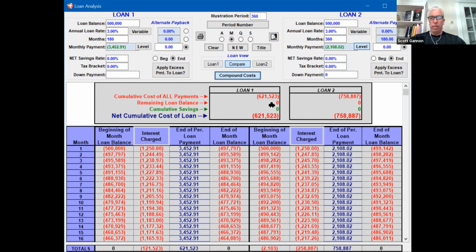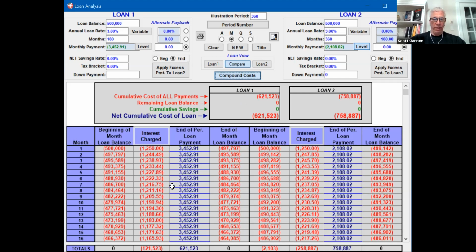So the difference here is $121,000 of interest versus almost $259,000 of interest over here. So at first glance, the interest is definitely lower on loan one than loan two. But is the cost any less? And that's what we'll analyze now.